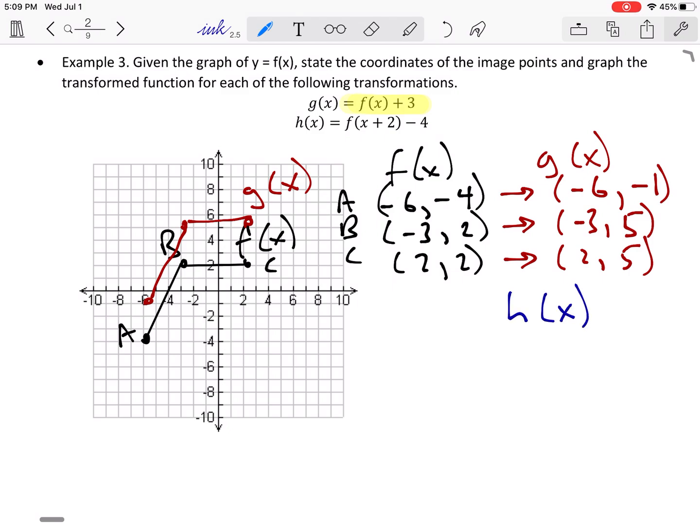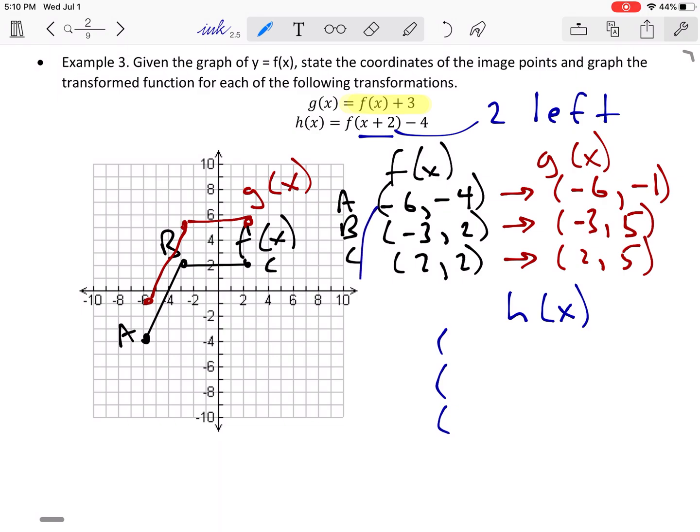Our x values are x + 2. Don't be confused by that plus, it's always the opposite sign. This means it's going to be 2 to the left, so all our x values are going to be minus 2.